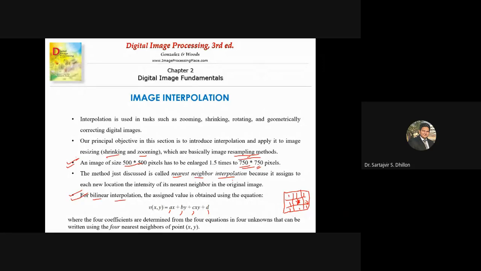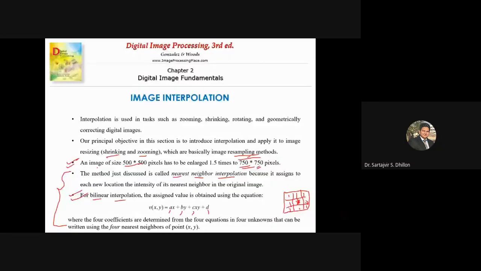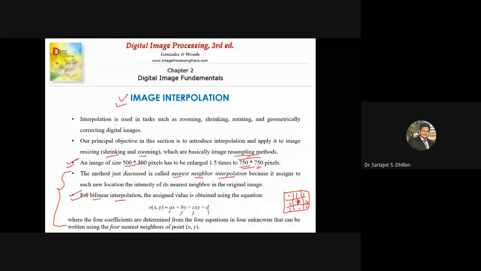You need not worry about it, and we will do all three methods in detail in our upcoming lecture. Remember this point: interpolation is used for these four operations, and three methods are available: the first is nearest neighbor, the second is bilinear, and the third is bicubic.